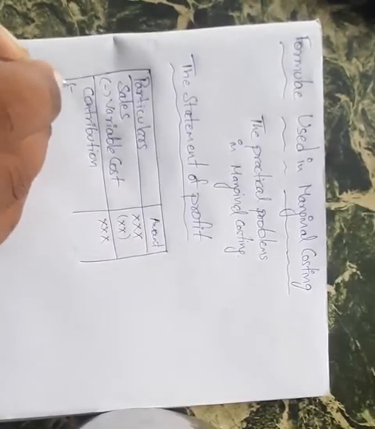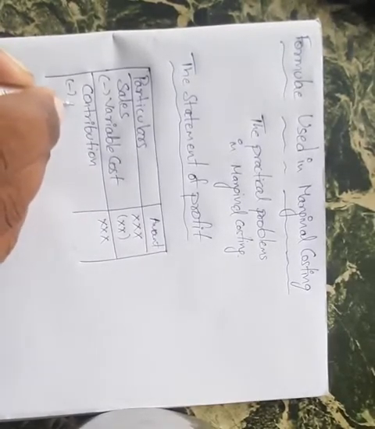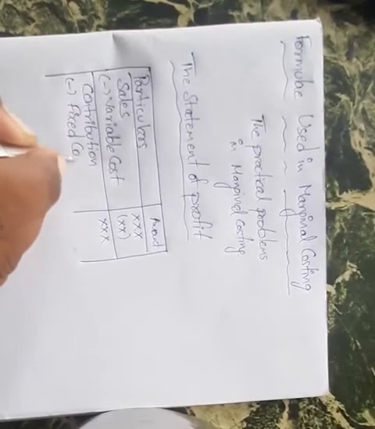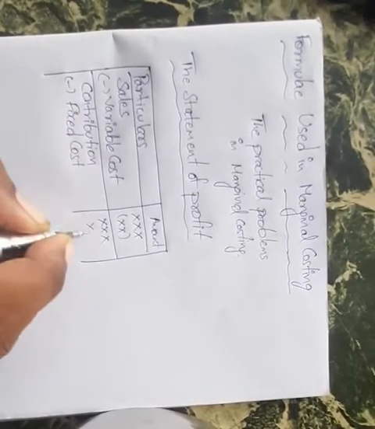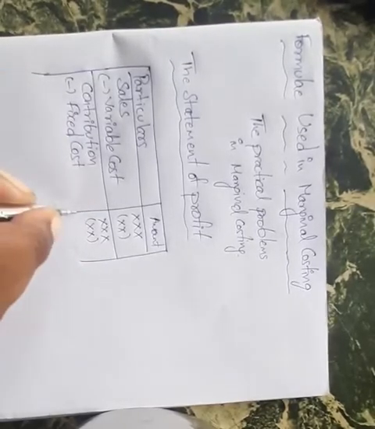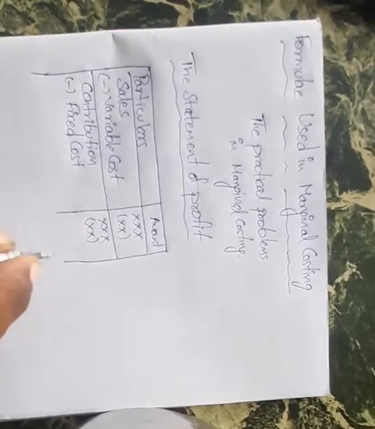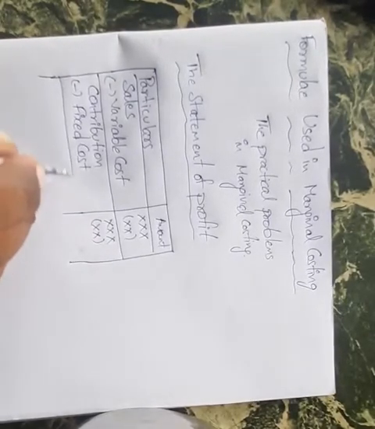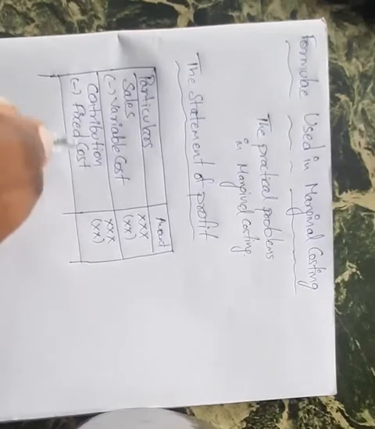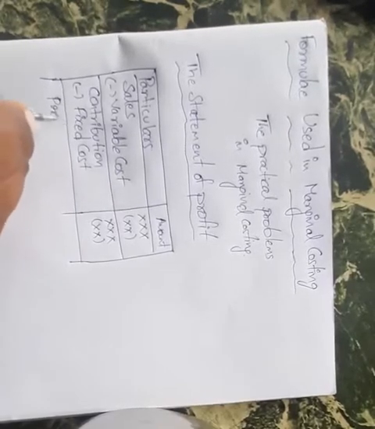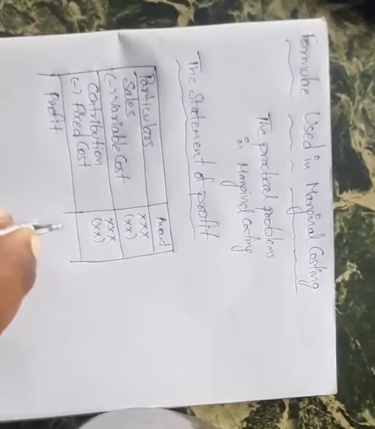From this contribution, we have to deduct fixed cost. The process of deducting fixed cost from the contribution, we arrive at profit.